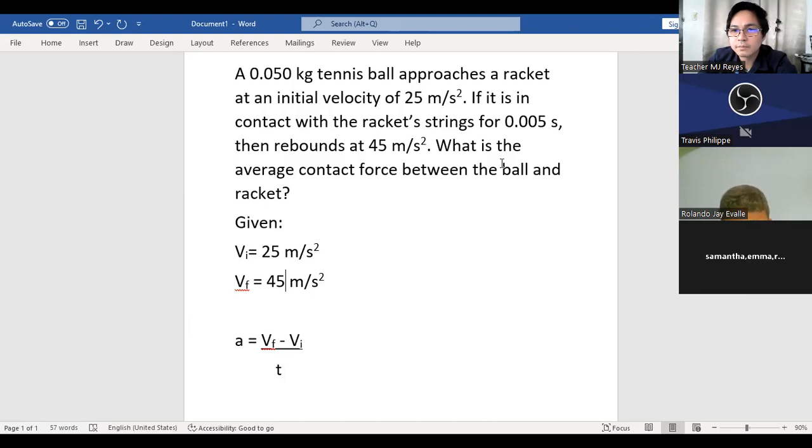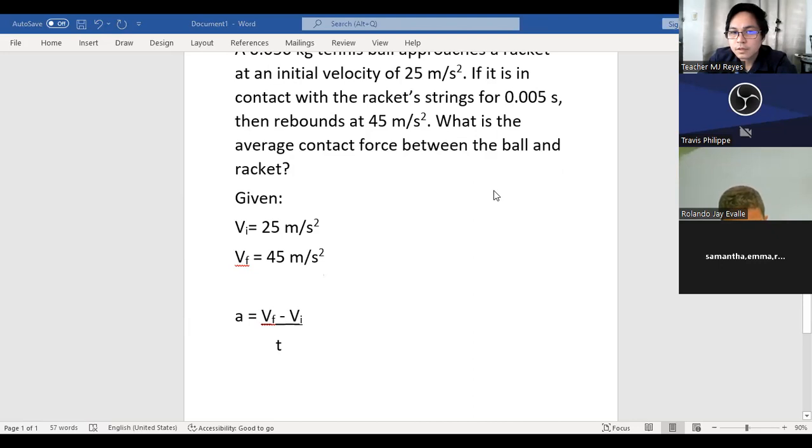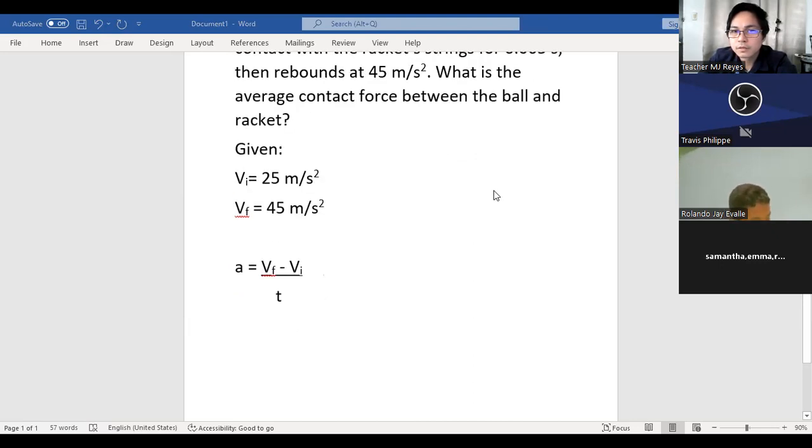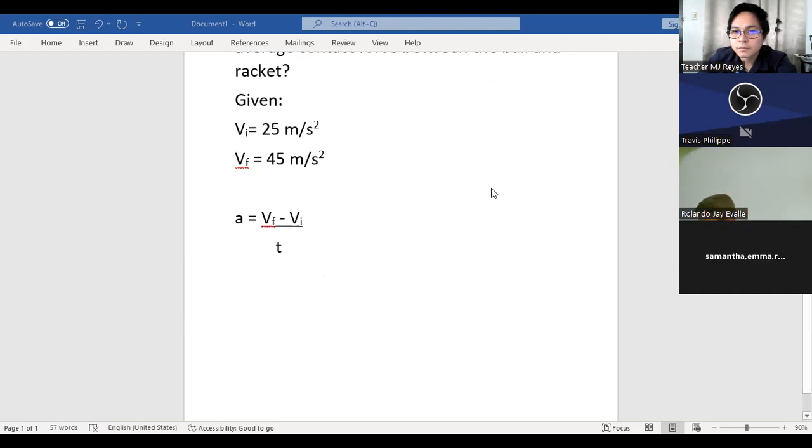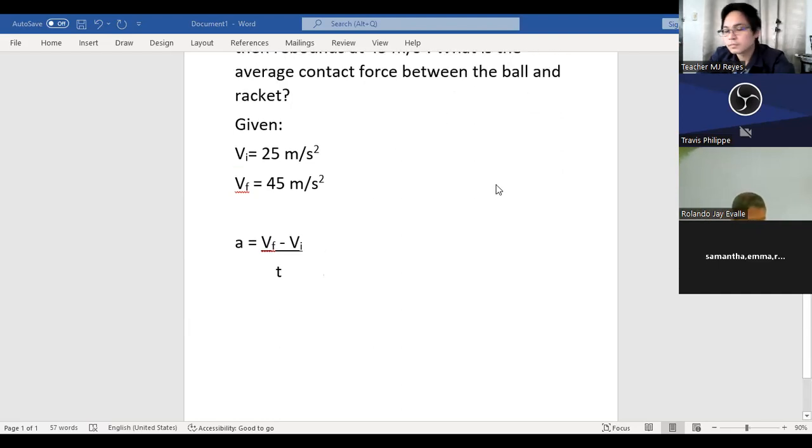RJ already sent me his calculation. Okay, 11:03. Then we will continue.